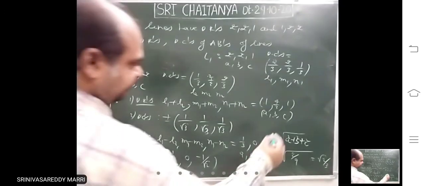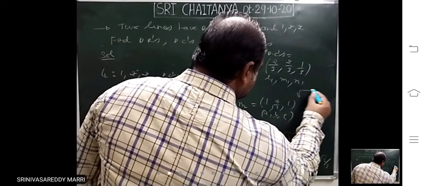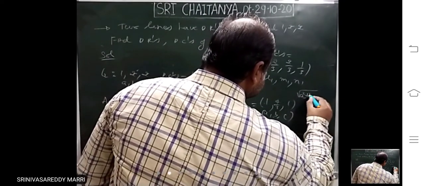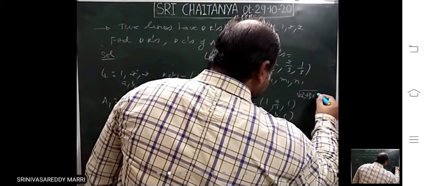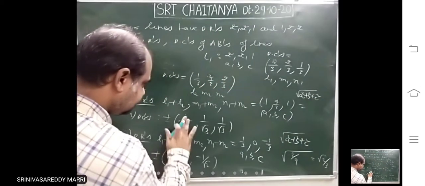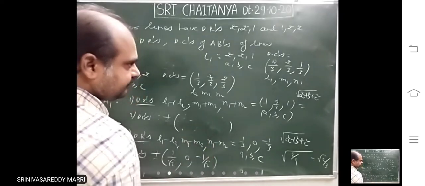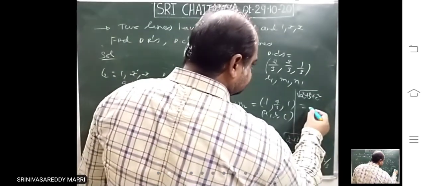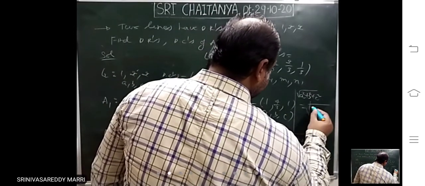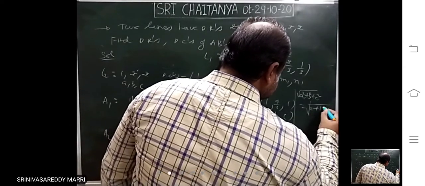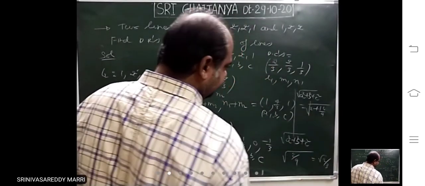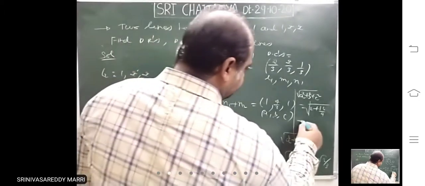Wait, calculate first. Root of A square plus B square plus C square. Wait, I will change this. Root of A square plus B square means root of 2 plus 16 by 9. Right? So therefore what you will get?